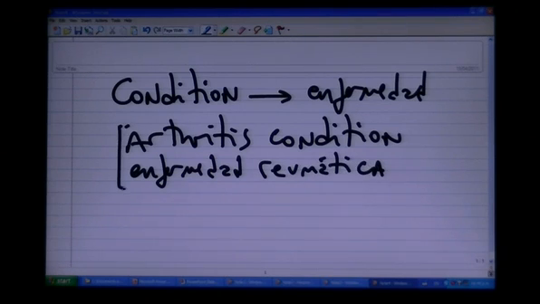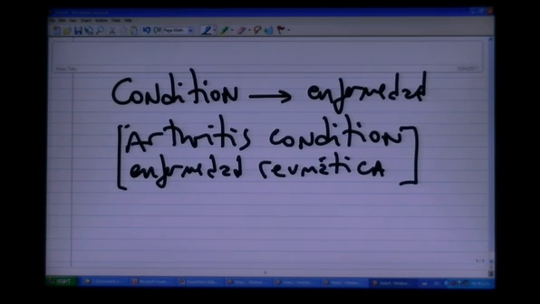So here we have what we call, well, it's not a sentence, it's really a unit, a linguistic unit that has two words, arthritis and condition. If you look that up in a dictionary, you see that arthritis is arthritis, and condition may give you even the word condición, particularly if you look that up in a general dictionary.